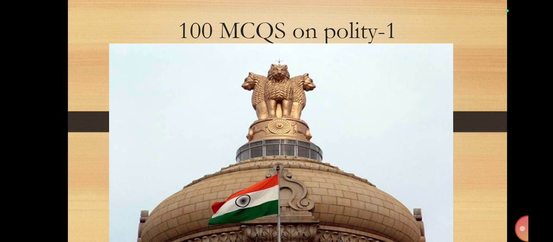Question number 88. Which of the following statements is incorrect regarding the various taxes levied by the center and the state? Cess is charged over and above indirect tax only. This statement is incorrect. Correct statements are: surcharge on tax and duties is levied by the center, but the proceeds are also retained exclusively by the center.